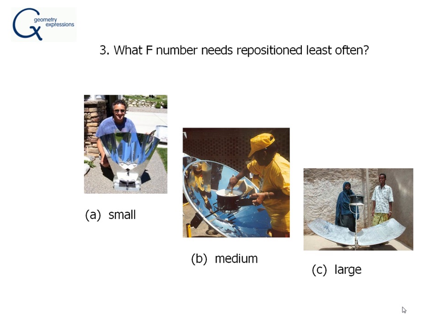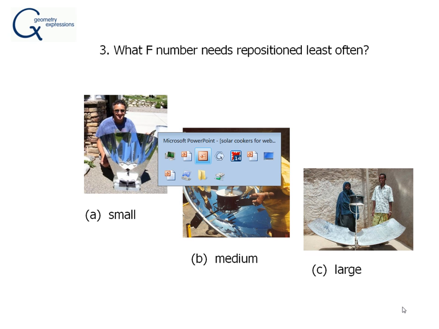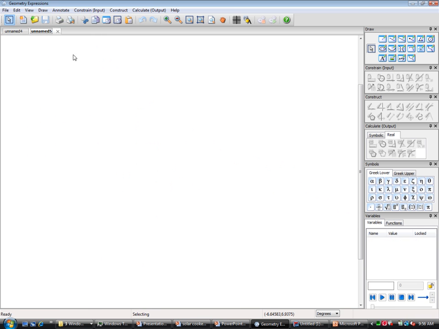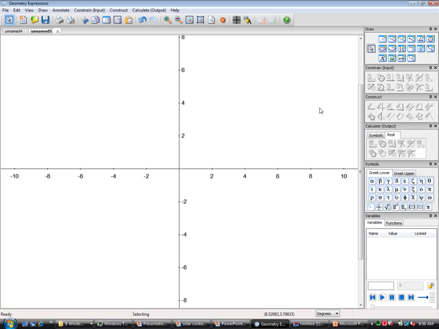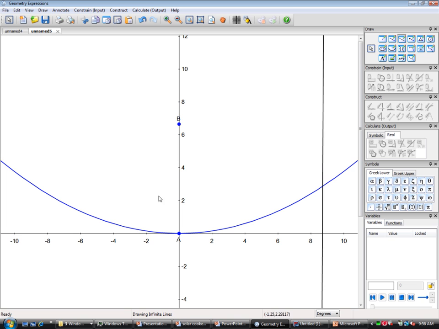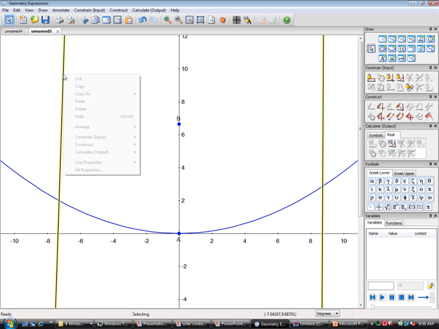So we're going to model that in Geometry Expressions. Let me have my axes here, and I'm going to create a parabola. And I'm going to have a couple of parallel lines down here. Let me make them thin and dotted, as these are just construction lines.